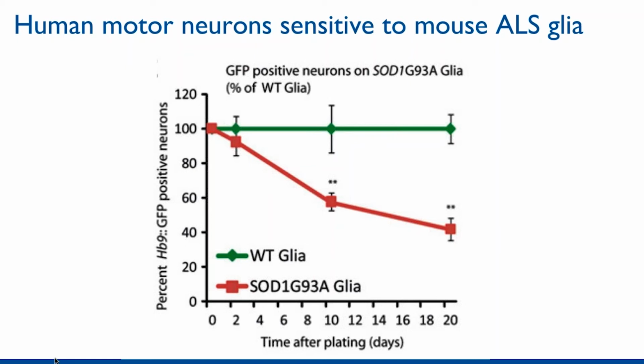And they produced human stem cell derived motor neurons and flow sorted them, placed them in culture either with wild type glia or glia from these SOD1 mice. And again here, just as we'd seen in the mouse experiment, when you compare the survival of those human cells on these glial monolayers, you can see that the mutant glia caused this non-autonomous effect on the survival of those cells.